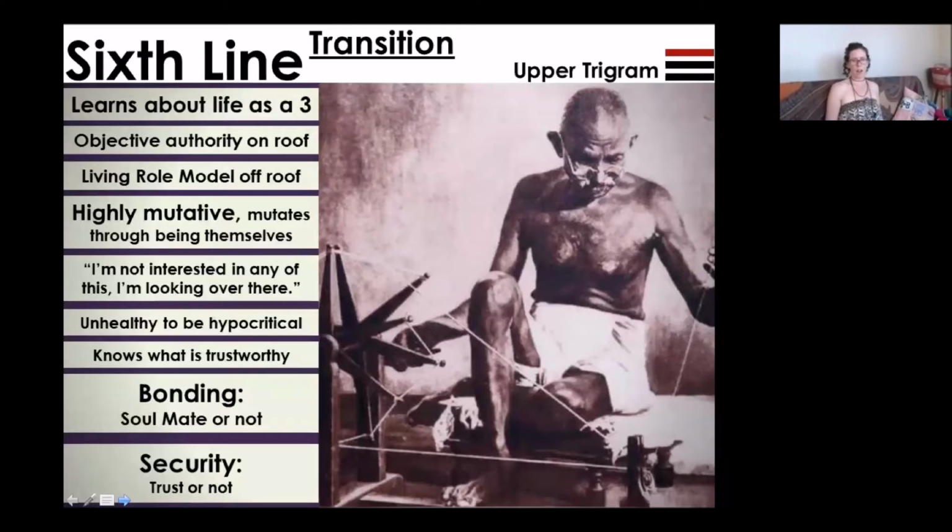So this is where they kind of remove themselves from the fray of life and the chaos of being the martyr, and they crawl up exhausted onto the roof, where they can just be a little bit detached from life, taking an objective view from way up high of, oh, that's interesting over there what that person is doing. They're learning about what works and what doesn't, but they're learning about it by observing from a kind of detached viewpoint.